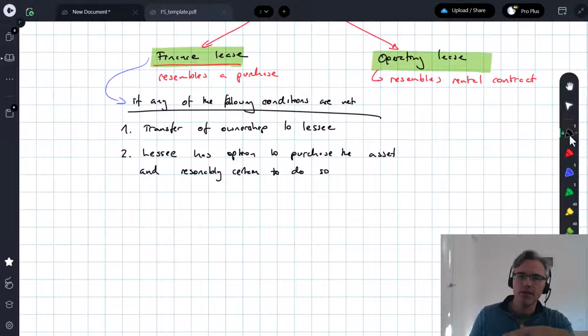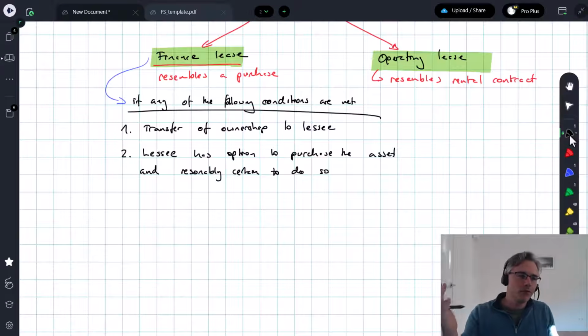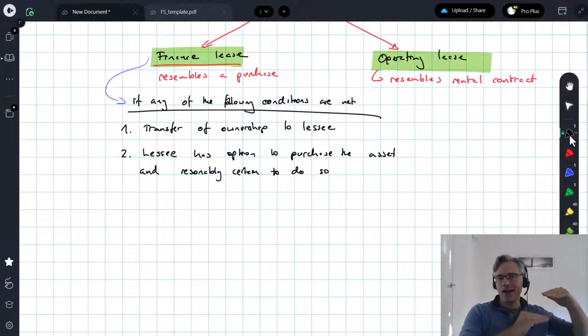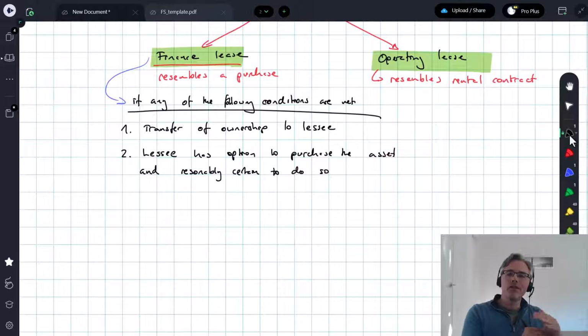Let me give you an example. Often, I guess this depends on country, but where I come from in Europe, when you lease cars, you've got an option to buy them out at the very end of the lease term. And if that price for which the asset may be acquired is at a good enough discount as compared to that asset's, let's say, forecast market value, you're probably going to use that right and exercise that option.